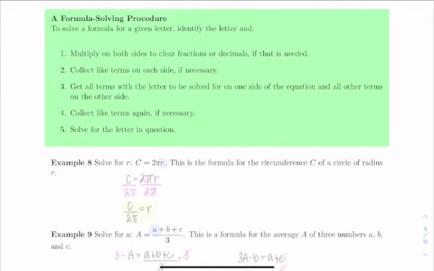So let's solve for r when C is equal to 2 pi r. This is actually the formula for the circumference C of a circle with a radius of r. So the goal is to have r by itself. Well, we need to undo the multiplication that's going on the right-hand side, and we can divide both sides by 2 pi.